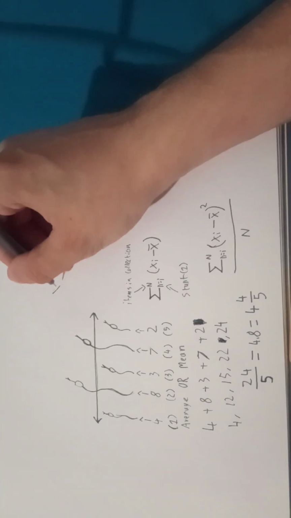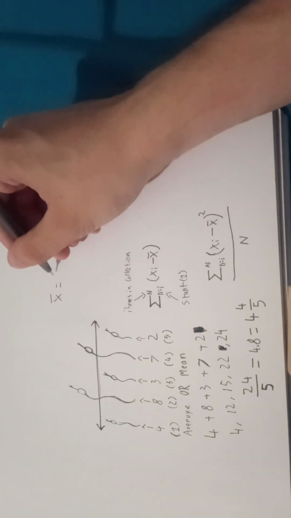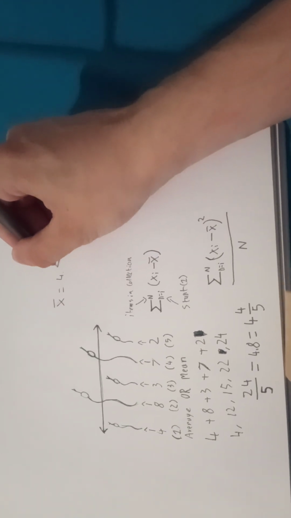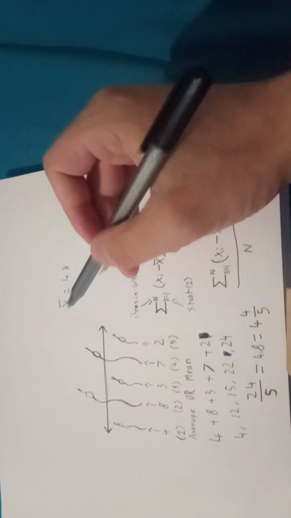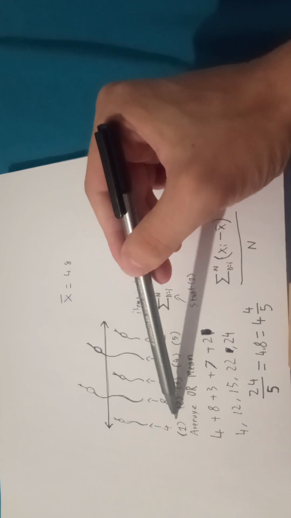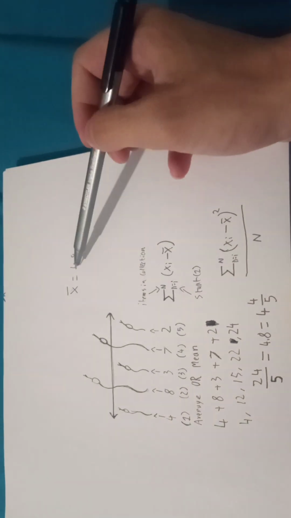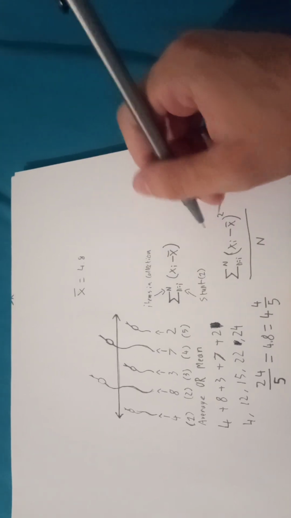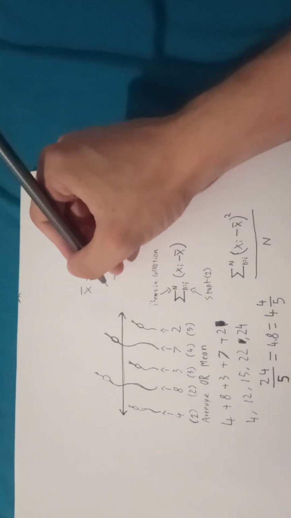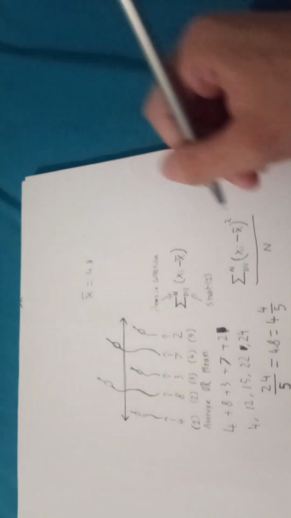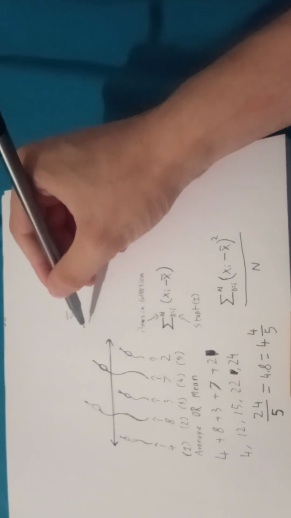So if the average equals 4.8, we're going to go through every single item in our collection and take away 4.8 from it, okay? And then we're going to do this thing over here, which is what they call squaring, all right? So we'll times it by itself.